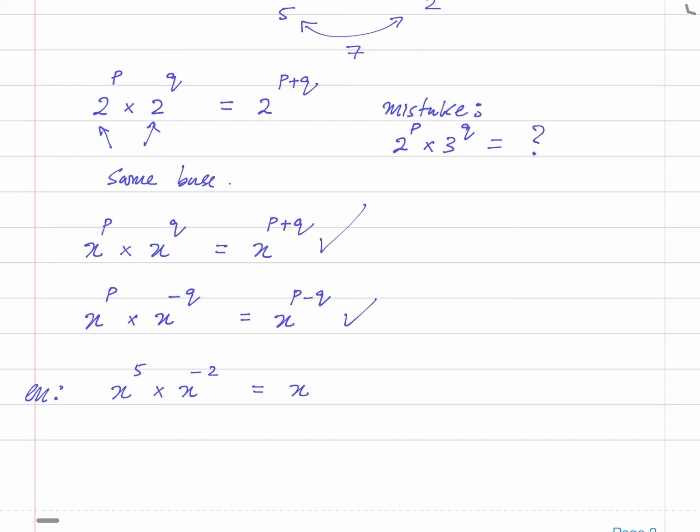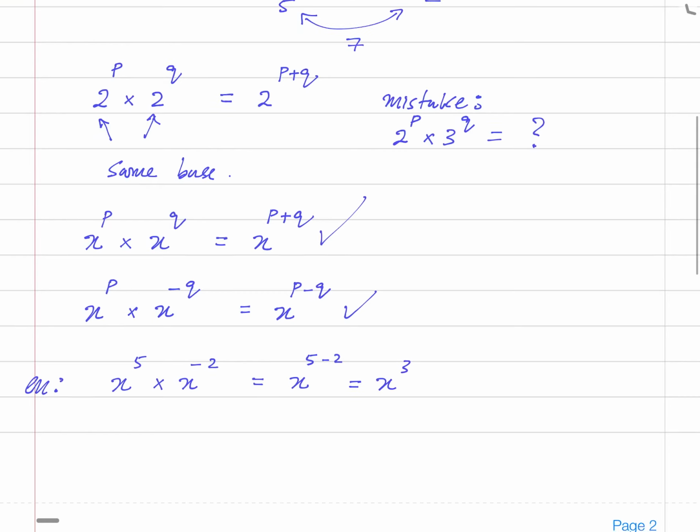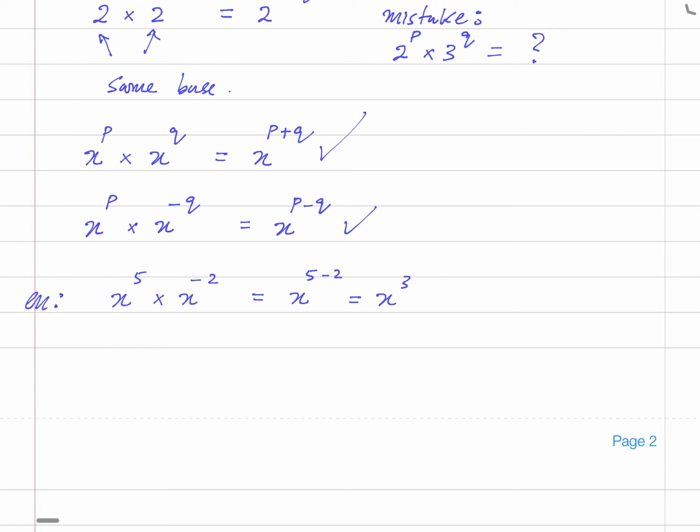This would be x to the power 5 minus 2. The answer would be x to the power 3. If my base is a number, for example, 2 to the power 5 times 2 to the power minus 1, now bases are equal, so you can write 5 minus 1. The answer would be 2 to the power 4. So those are the correct answers.